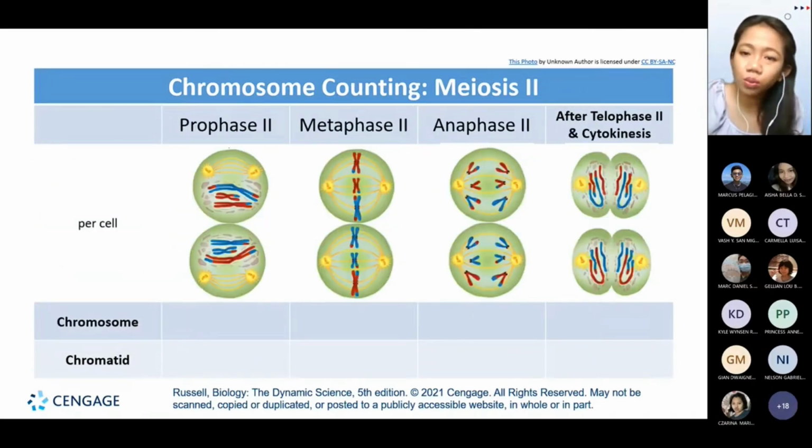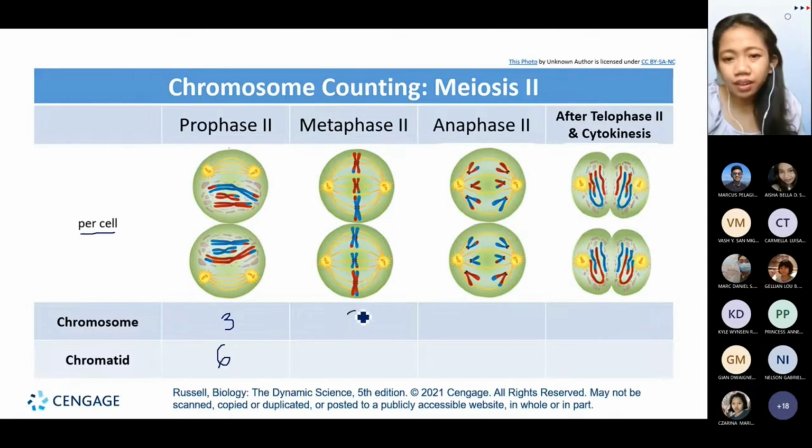Now going into meiosis 2, we count per cell. So 3 and 6 over here. Then they just align. By anaphase 2, the chromosomes, or rather the sister chromatids, have separated. So we go back to 6 and 6.